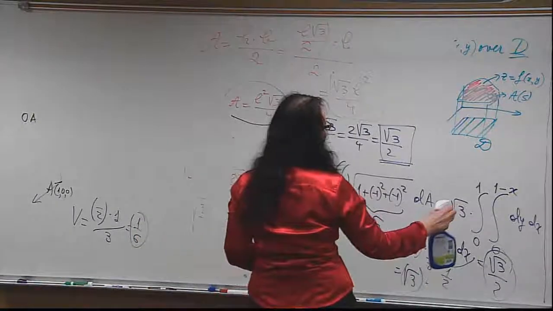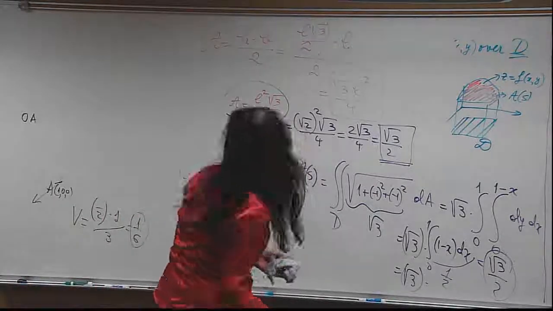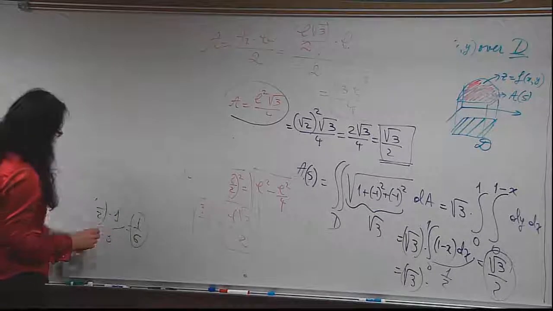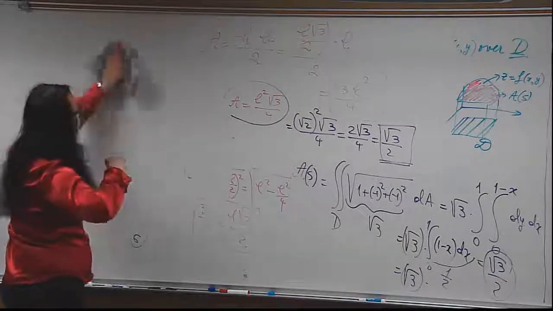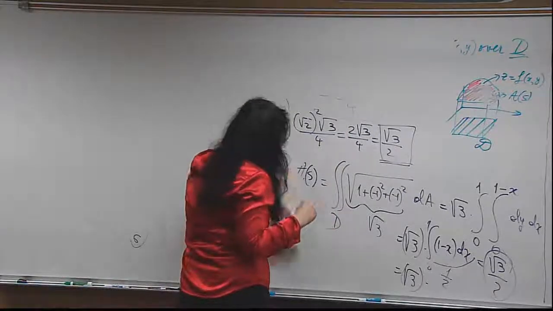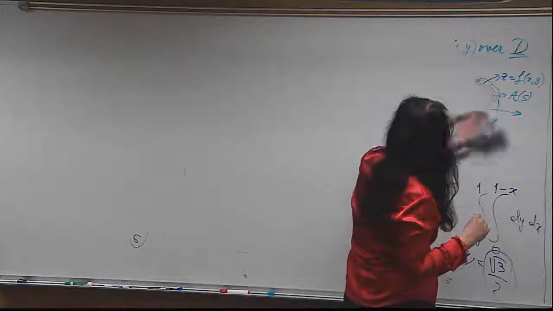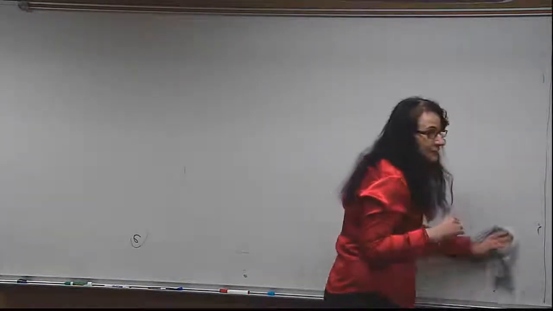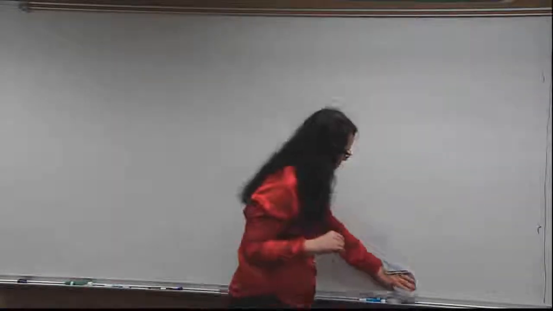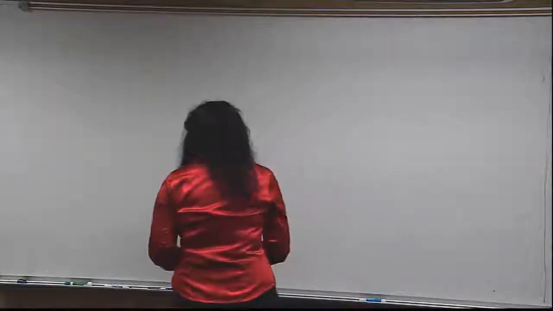Why don't we pick the one I picked before with the eggshells for Easter, like Easter eggs? What was the paraboloid I had on top? 8 minus x squared minus y squared. That's the one I'm going to pick. And I'll say, as Easter is coming, the word problem: we want to compute the surface of an egg that is created by intersecting the 2 paraboloids, 8 minus x squared minus y squared and x squared plus y squared.